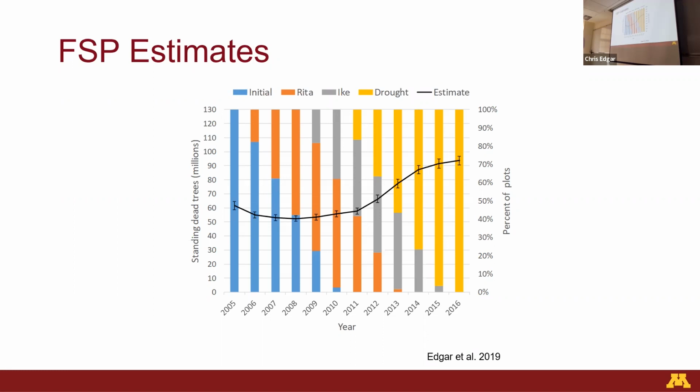Everything's always a mix. Because these disturbances occur so rapidly and so quickly, we find that the estimates we produce each year are mixtures of different times in terms of pre and post. And when you get multiple disturbances, it just exacerbates that. So what can we say about disturbance and its impacts on number of standing dead trees in Texas?